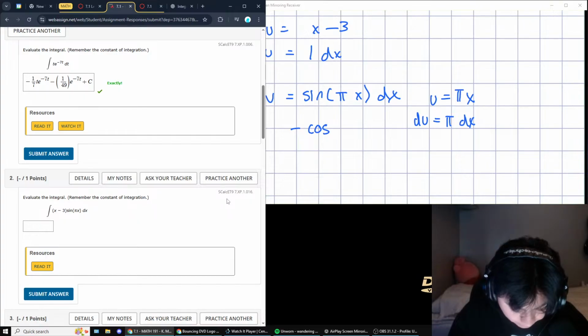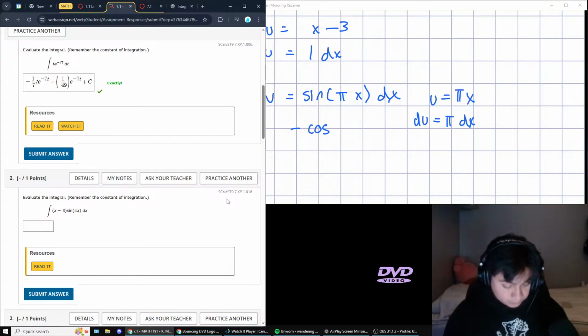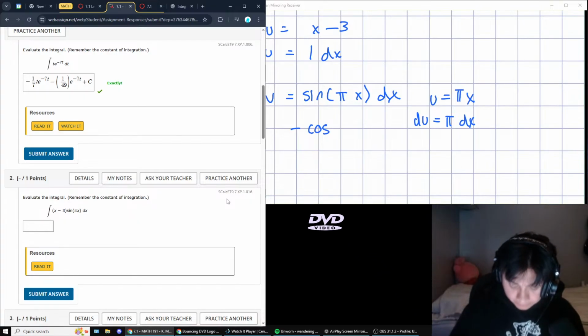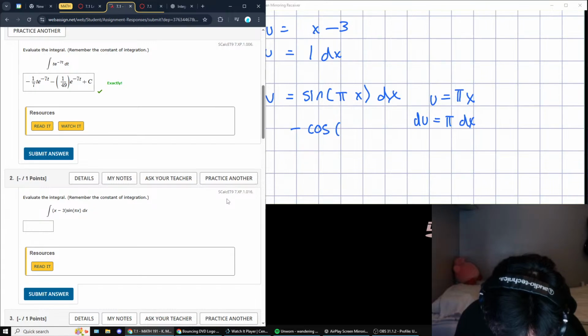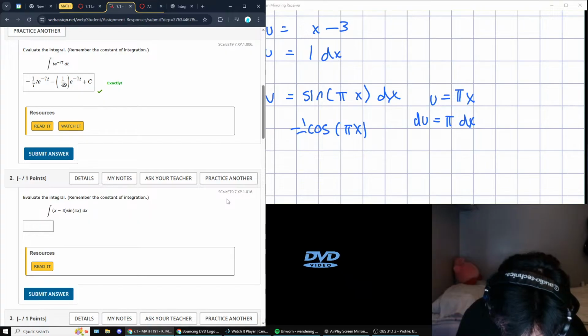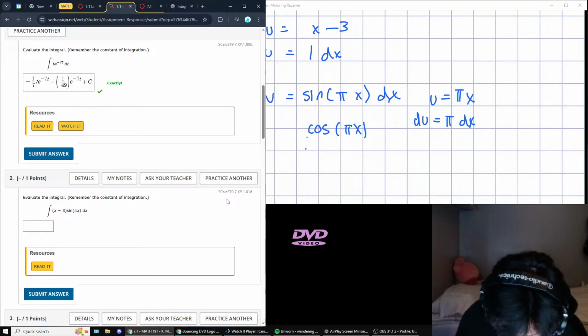Okay, so apparently the pi doesn't go away. So we keep the pi there, and then you get times 1 cosine of pi x, or 1 over pi. Let's rewrite that actually.